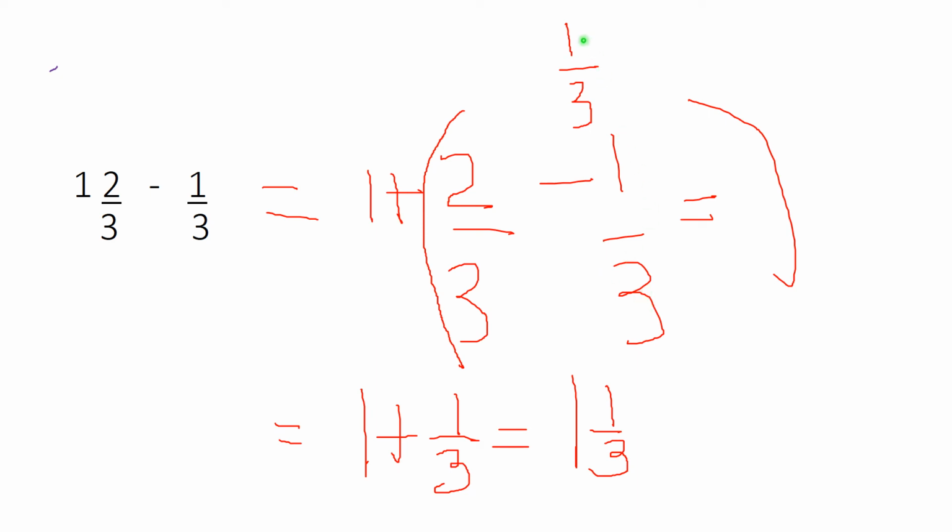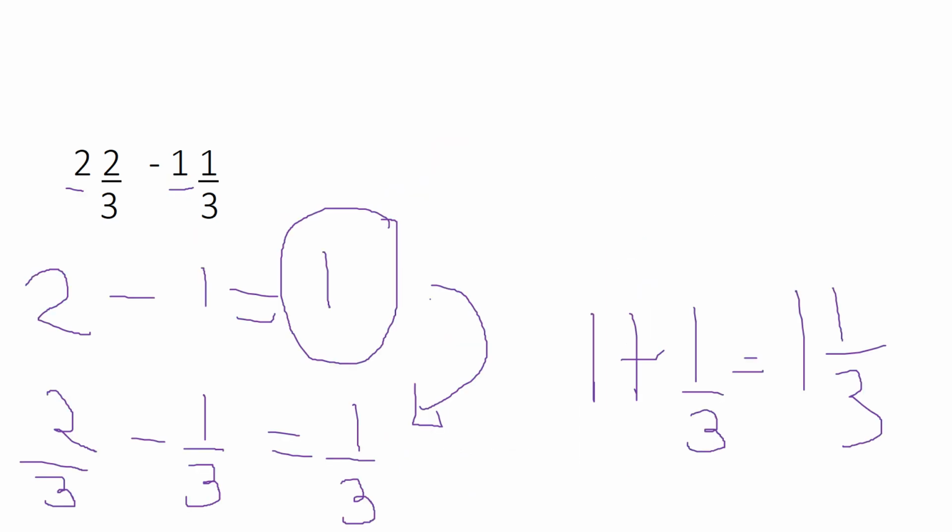Our answer will be 1 over 3 when we take away a third from 2 over 3. So we write 1 plus 1 over 3. This 1 over 3, we bring it here, 1 plus 1 over 3, and our answer is 1 and 1 over 3.